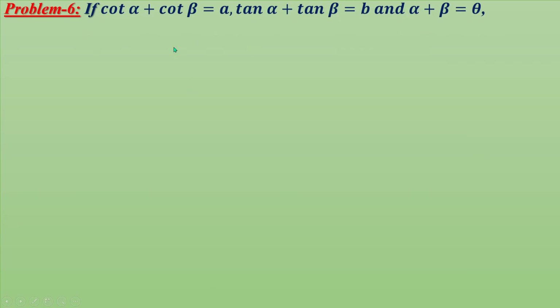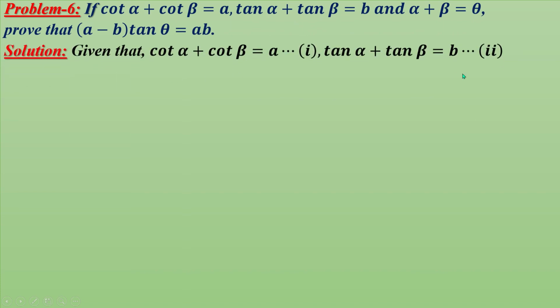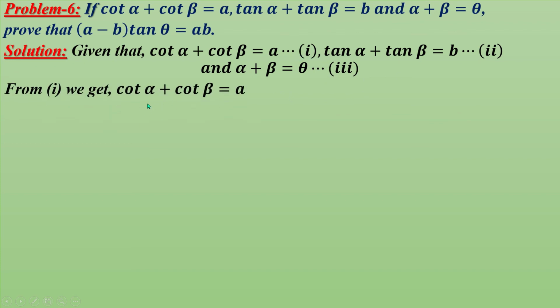Problem 6: cot alpha plus cot beta equals a, tan alpha plus tan beta equals b, and alpha plus beta equals theta. We have to prove that (a minus b) tan theta equals ab. These are the given conditions, denoted equation numbers 1, 2 and 3. From 1 we get cot alpha means 1 by tan alpha, cot beta means 1 by tan beta.